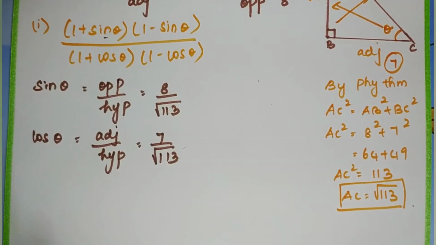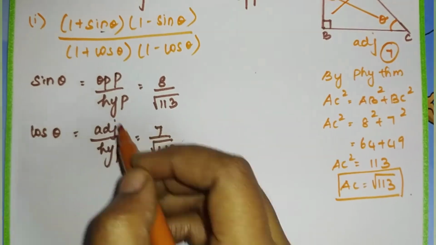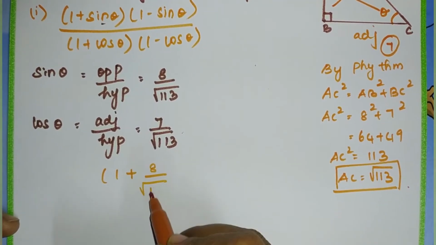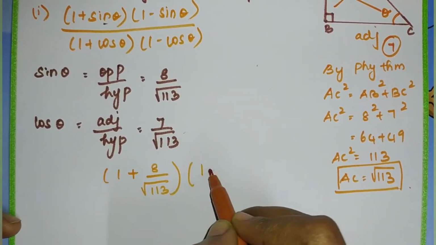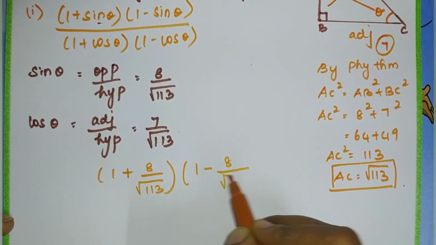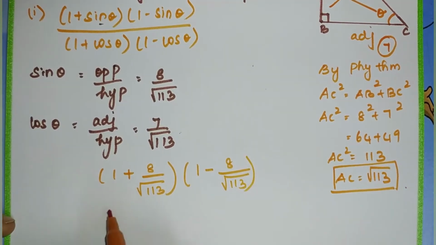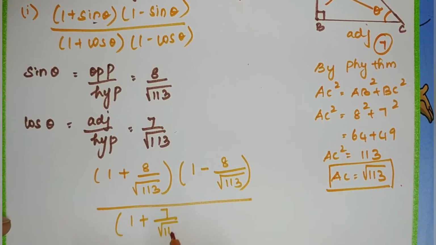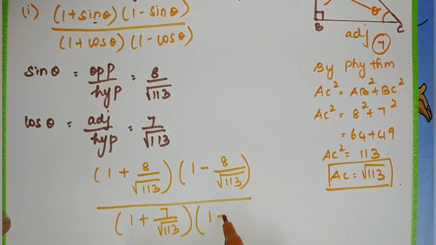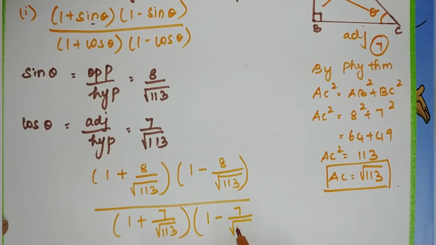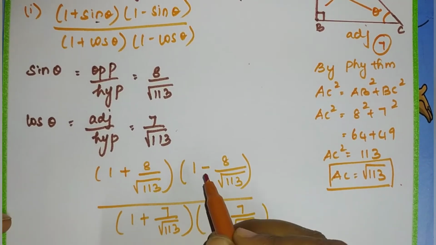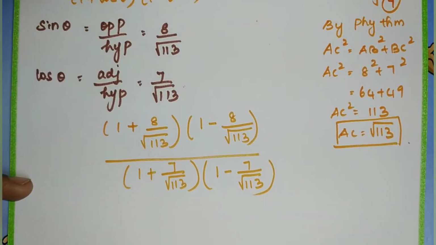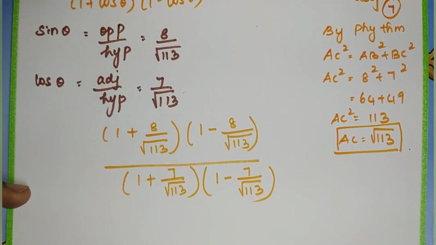Now substitute here: (1 plus 8 divided by root 113)(1 minus 8 divided by root 113) divided by (1 plus 7 divided by root 113)(1 minus 7 divided by root 113). So one is positive and another one is negative. So I am going to apply the formula (A plus B)(A minus B).